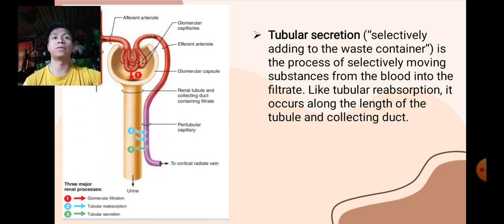Then another way is essentially reabsorption in reverse, no? So tubular secretion moves selected substances, like the hydrogen ion, the potassium ion, the creatinine, and other organic acids and bases from the tubular capillaries through the tubules into the filtrate.